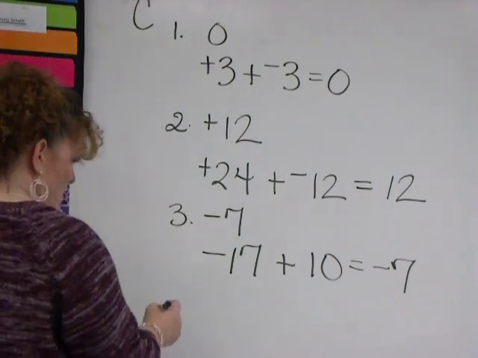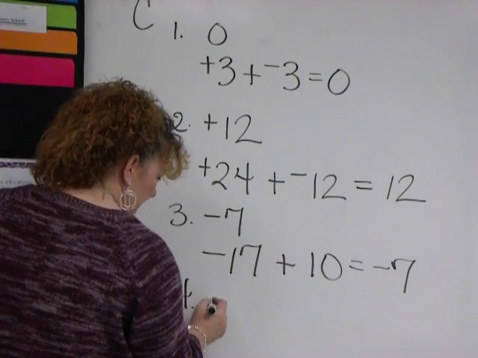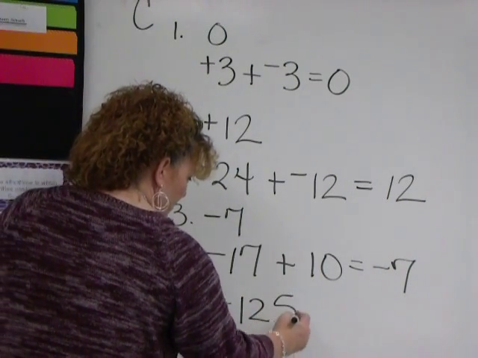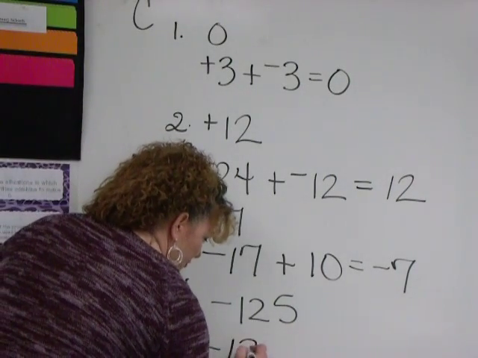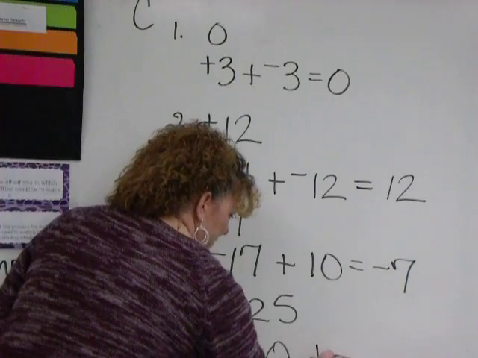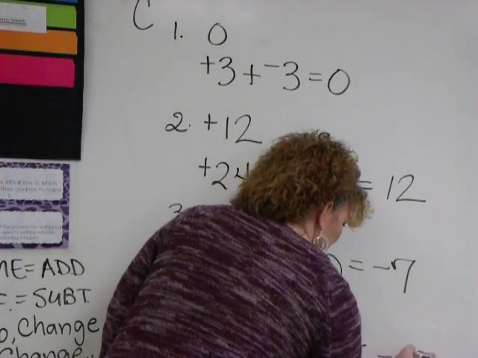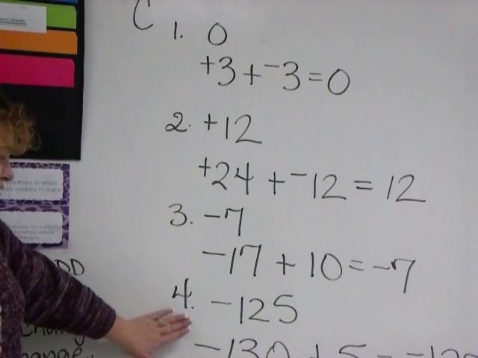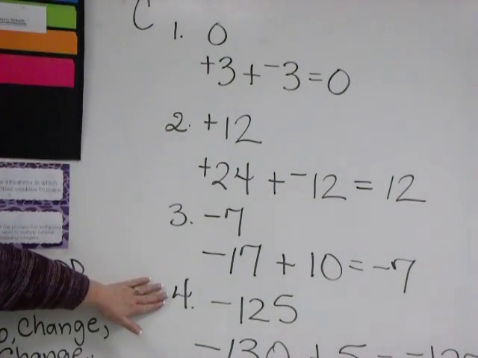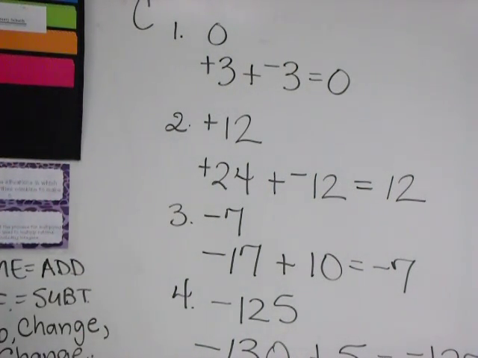And then number 4 wants the answer to be -125. If I had a -130 and I added a +5, that was going to leave me with a -125. Now you come up with one that's going to be an answer of -125.